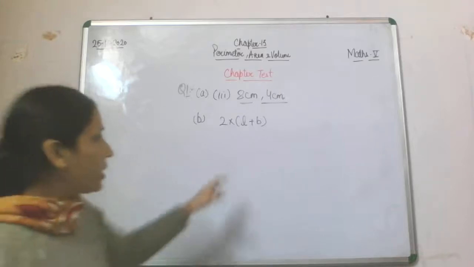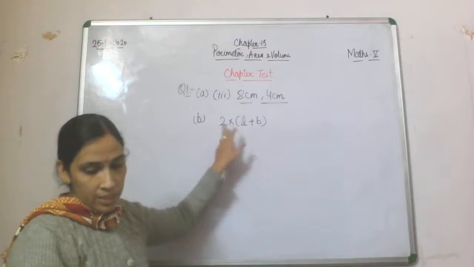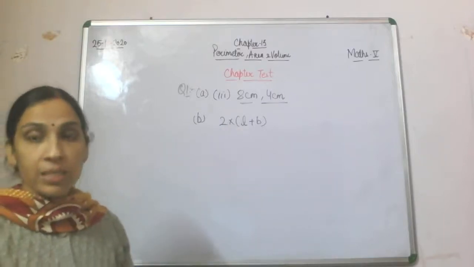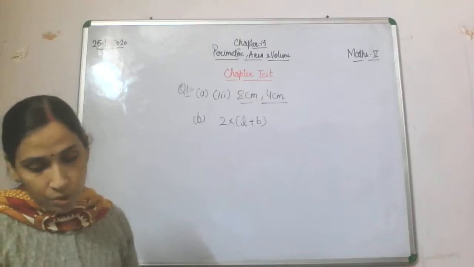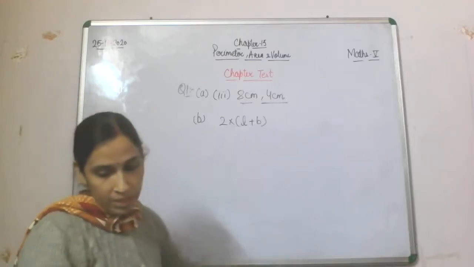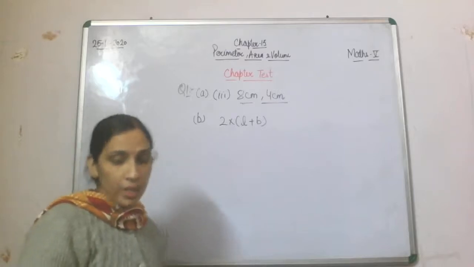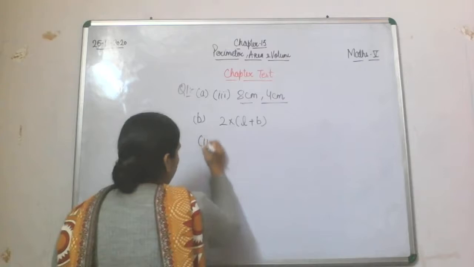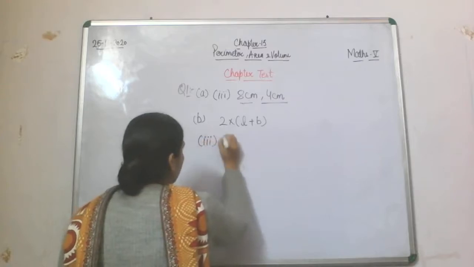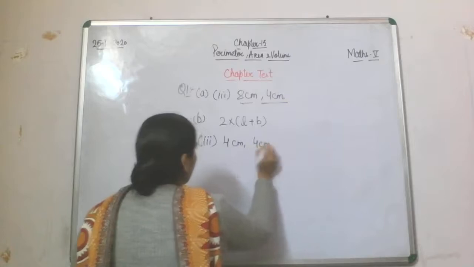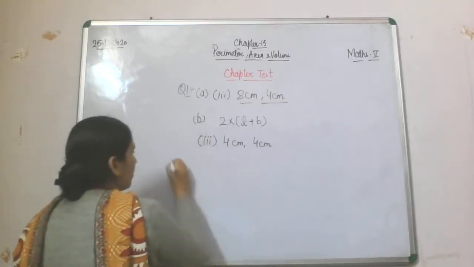Now if I put 10 and 6, that will become 16, 16 twos are 32. That we don't require. Perimeter is 16 centimeter only. So 4 plus 4 will become 8, 8 twos will be 16. So this will be your correct answer, that is your third part, 4 centimeter and 4 centimeter.